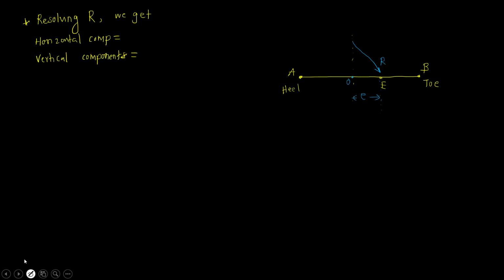So the horizontal component will be P, and the vertical component will be W. So we'll mark it here at point E. At point E, there is this vertical component, that is W, and one horizontal component, that is P. Now this P and W are acting at point E.